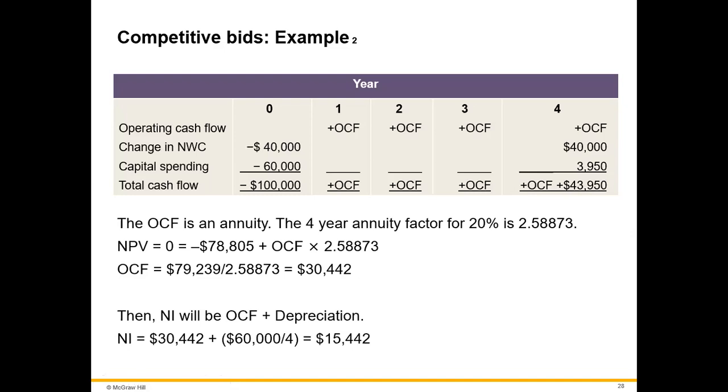Now, we still didn't get our payment amount. That's the total amount we would need, $78,805. So the present value of an annuity, because remember, we want the same amount of payments or operating cash flow each period for 4 years. So how much operating cash flow should we receive? You can find that by saying, well, present value is $78,805.